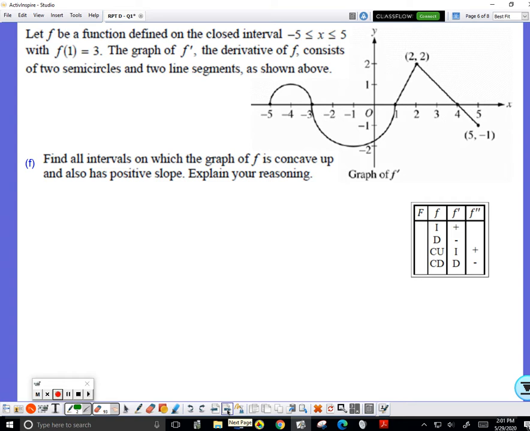Find all intervals in which the graph of f is concave up and also has positive slope. So f is concave up when f prime is increasing. So I only need to pay attention to where f prime is increasing, and f has positive slope. The values of f prime are the slopes of f.